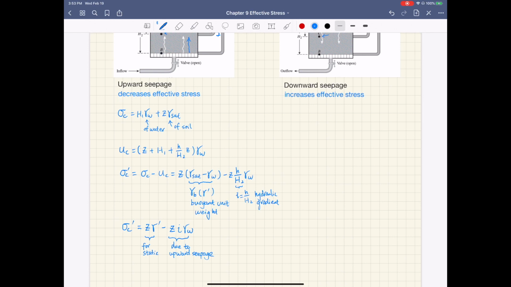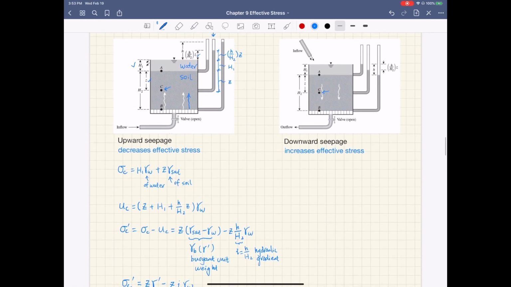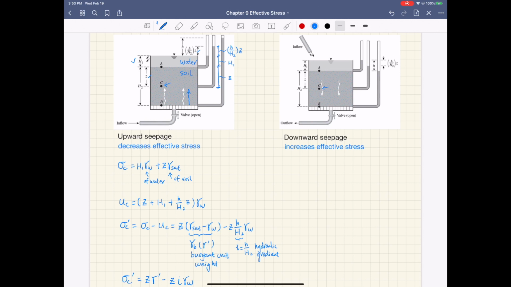Now for the downward seepage case, again, we're going to look at point C in the soil mass, this point here. For downward seepage, first the total stress sigma C stays the same.